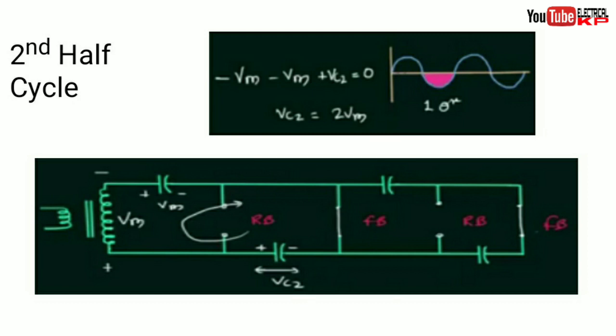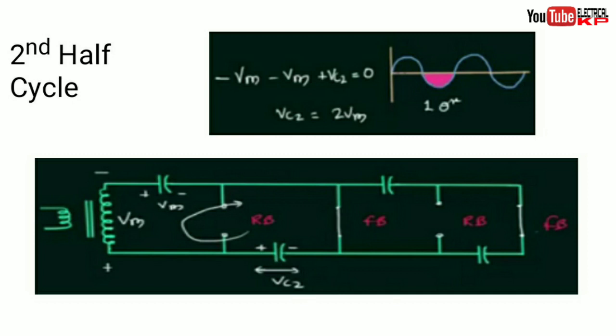During the second half cycle, that is the negative half cycle, diode D1 will be in reverse bias condition, so it will not conduct, while diode D2 will be in forward bias condition.